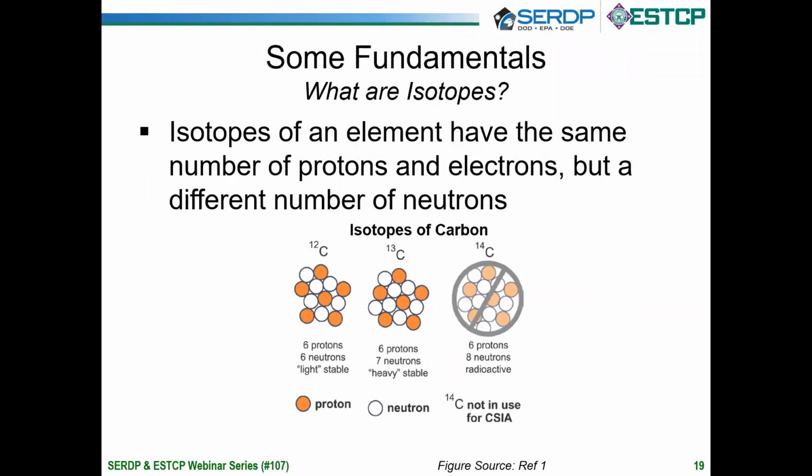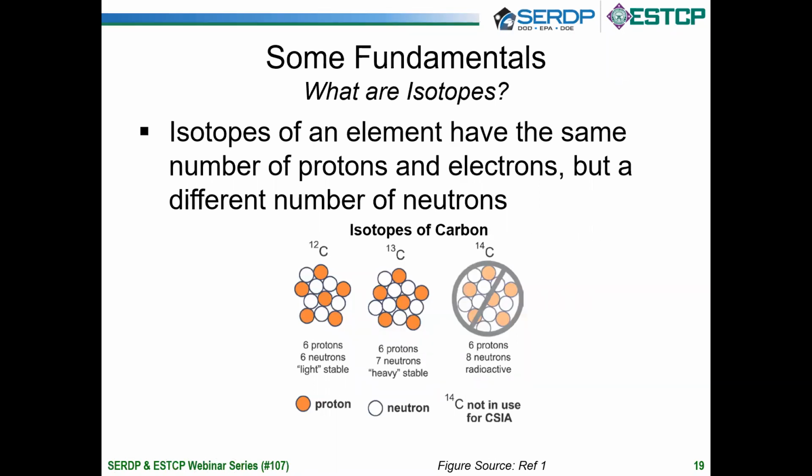So just a few slides on fundamentals so we're all on the same page. What's an isotope? Well, if we go back to our basic chemistry, isotopes of an element have the same number of protons and electrons, but a different number of neutrons. So if we look at the figure, carbon-12 has 6 protons, which is what defines it as carbon, and a light carbon isotope has also 6 neutrons.